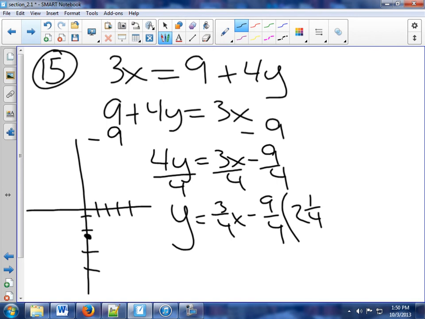I have to go up 3. Well, I go up 1, 2, 3. 1, 2, 3, 4. And then I label it. I'm not going to take a spot on that line and see if you have the exact point. This lesson, all I'm worried about is, can you take a y-intercept, put it on here, and then graph it? That's all I'm worried about.